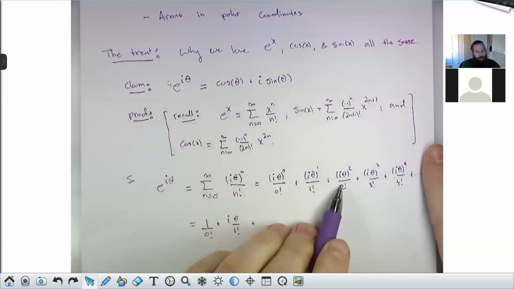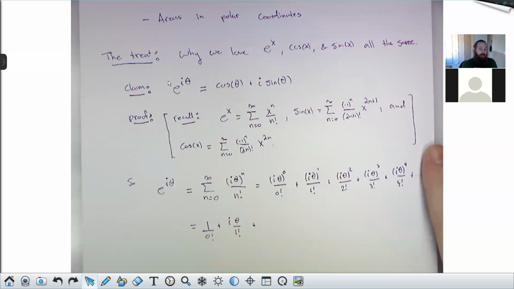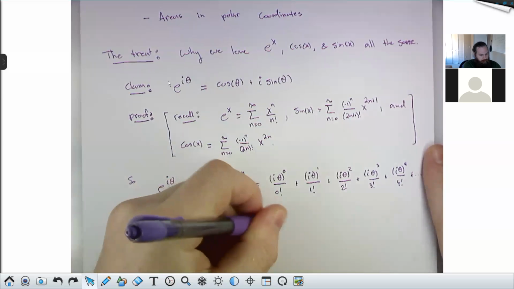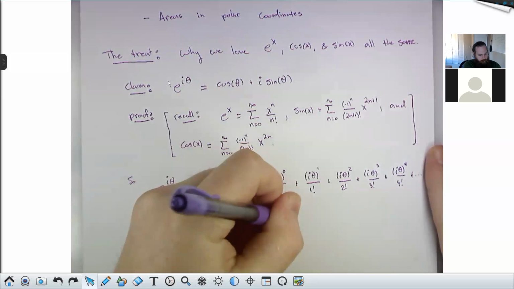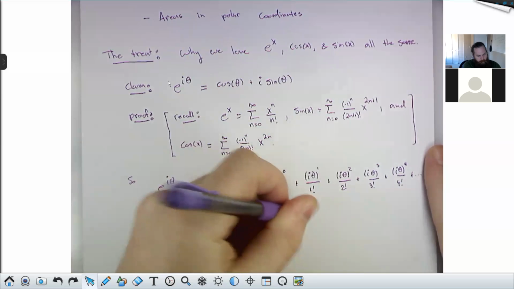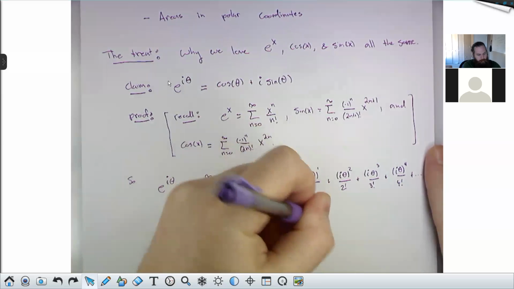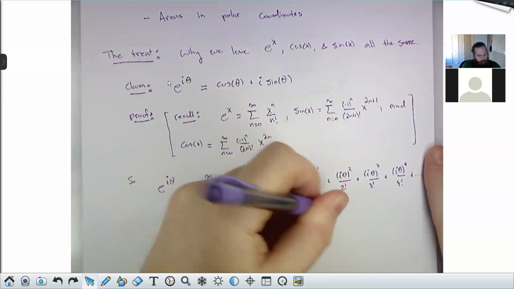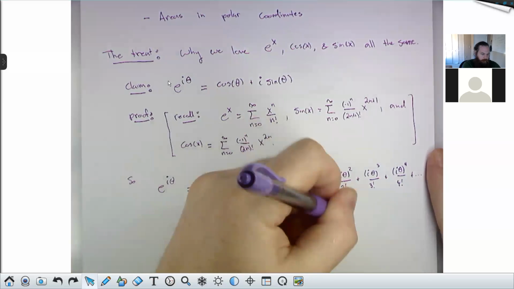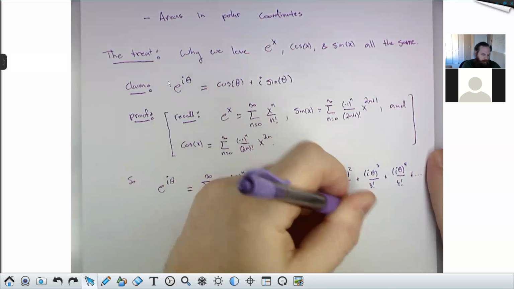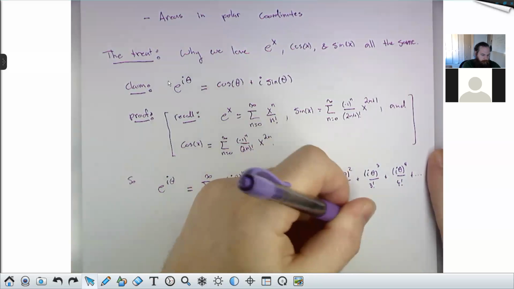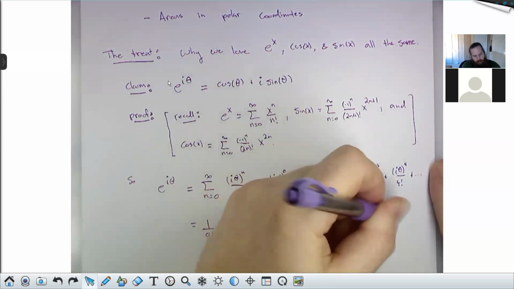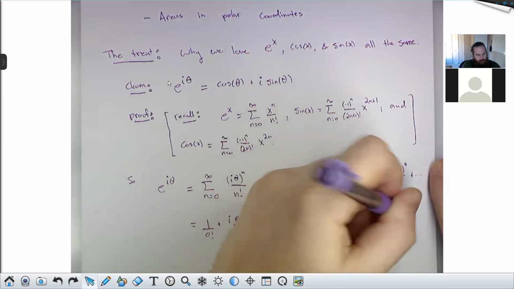Plus (i theta) squared, that's i squared theta squared over 2 factorial, plus i cubed theta cubed over 3 factorial plus i to the 4 theta to the 4 over 4 factorial. The next term is i to the 5 theta to the 5 over 5 factorial, and I'll do one more. The next term is i to the 6 theta to the 6 over 6 factorial, and it goes on.